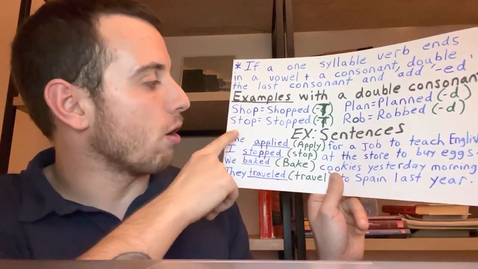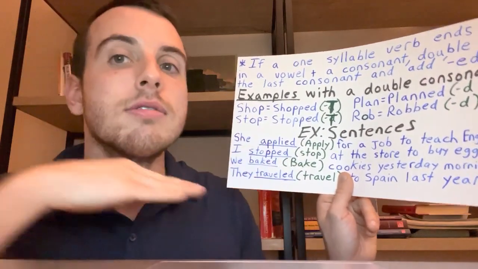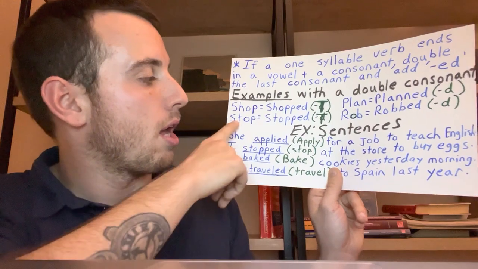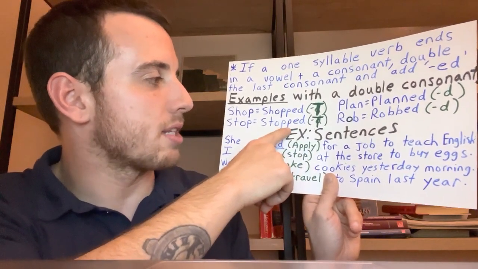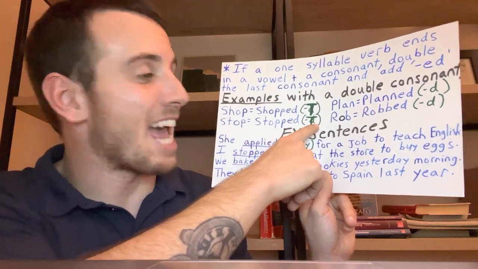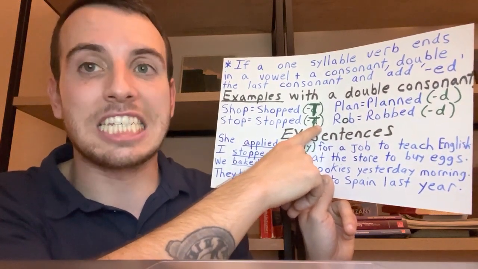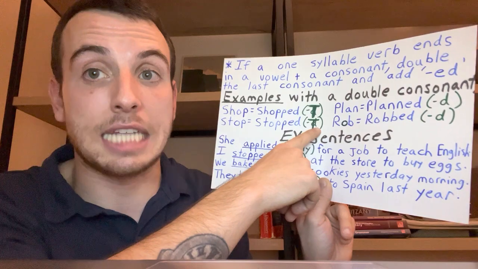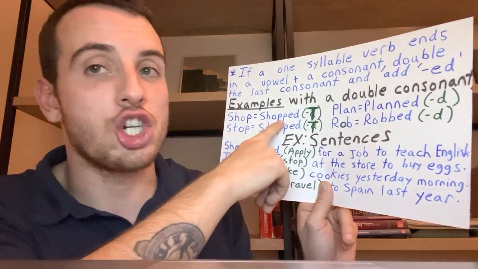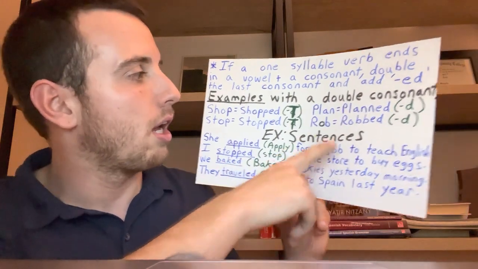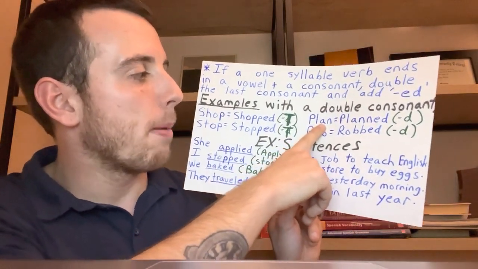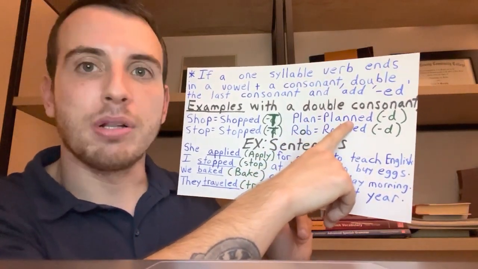The same way goes for stop. Stopped. We doubled the consonant, and again, this ends in the T sound. Shopped, stopped, not shop-id. For the next example, plan, planned.